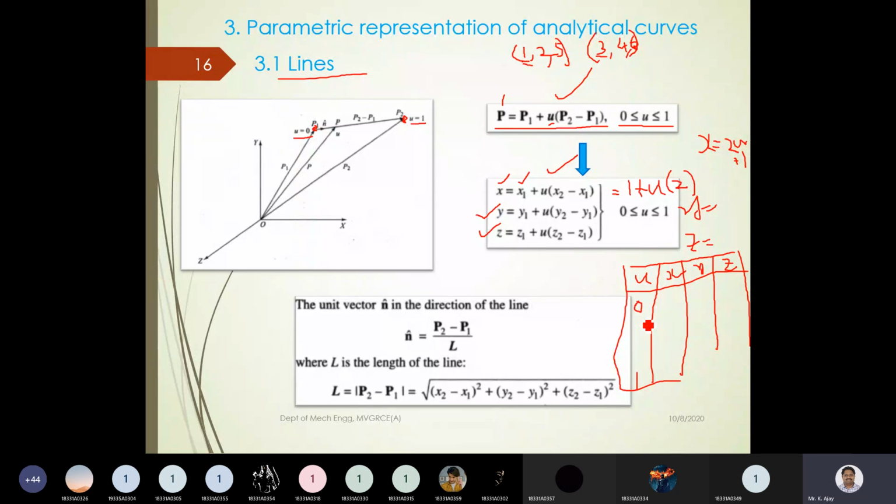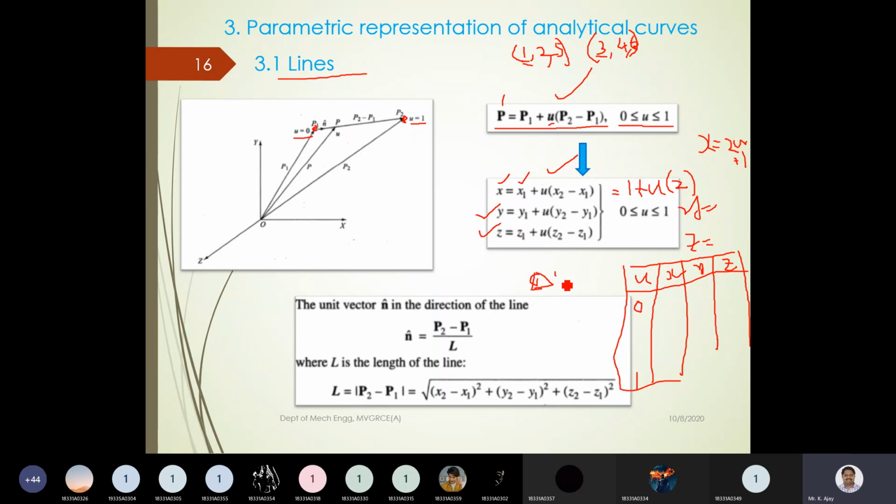If you want fewer points, let us say you just want to show the straight line with only 10 points, then you have to get the interval accordingly. How can you calculate the interval? It is very simple. Let us say you represent the interval value as delta u.